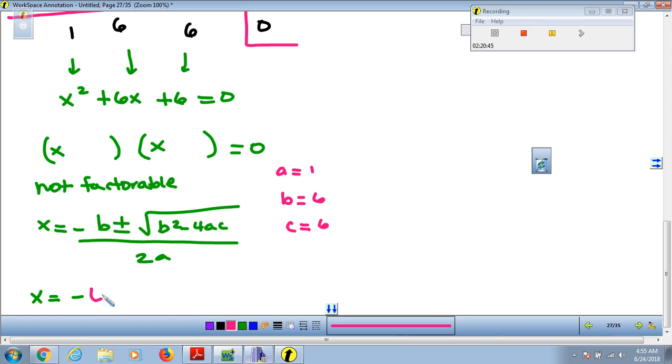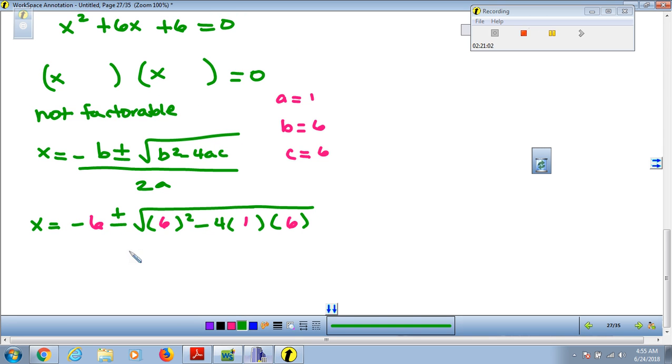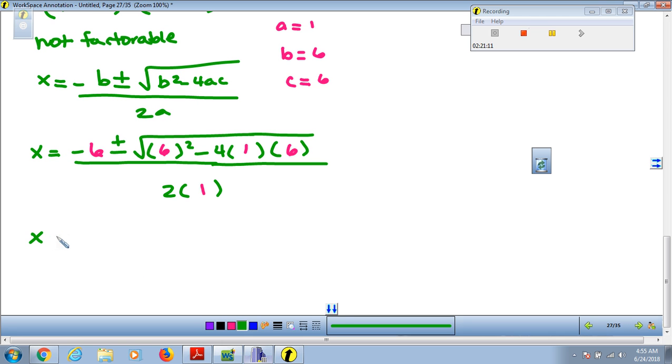Negative 6 plus or minus the square root of 6 squared minus 4 times 1 times 6, over 2 times 1. 6 times 6 is 36.